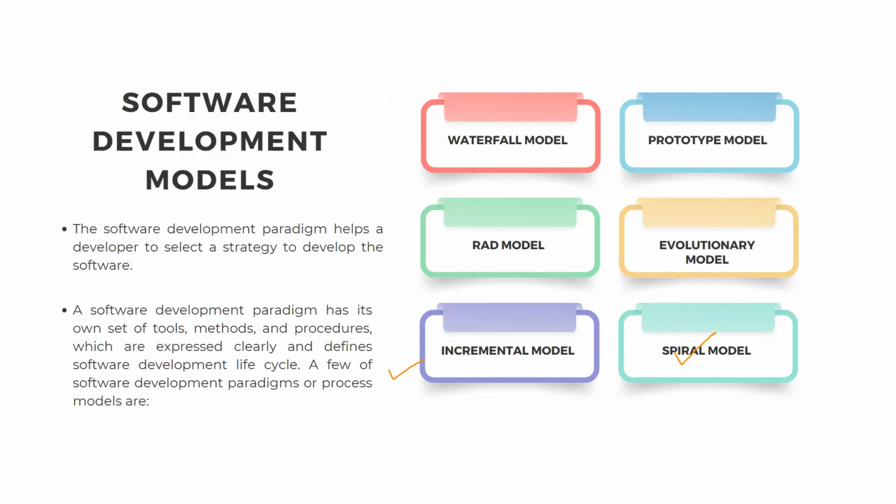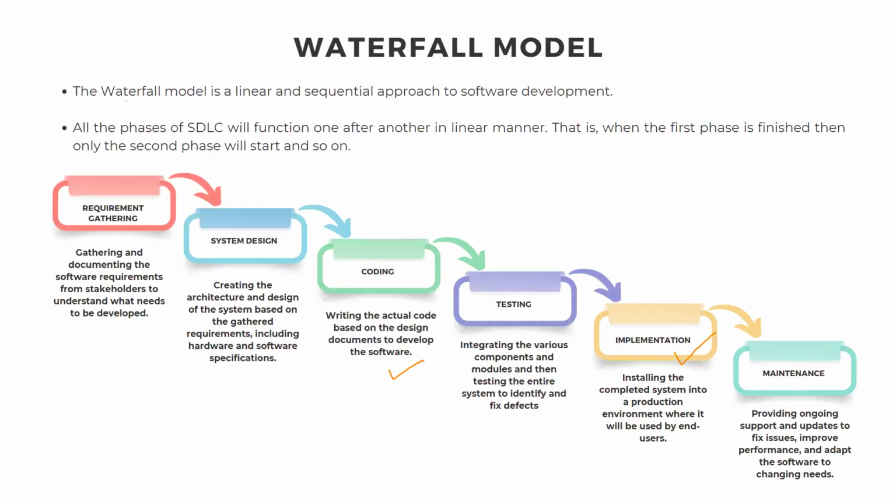Out of these, the waterfall model is the basic model that we will discuss to understand how these things work, and in the next class, we will be discussing the other models also. So let us go through the waterfall model, which is a very linear and sequential approach to develop any software.